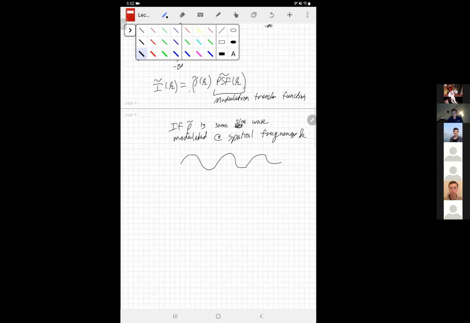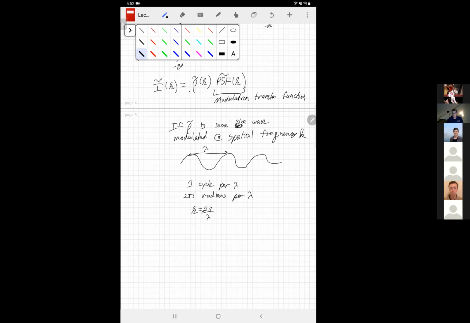It repeats every lambda. So it has 1 cycle per lambda, or 2 pi radians per lambda. So k is 2 pi over lambda.